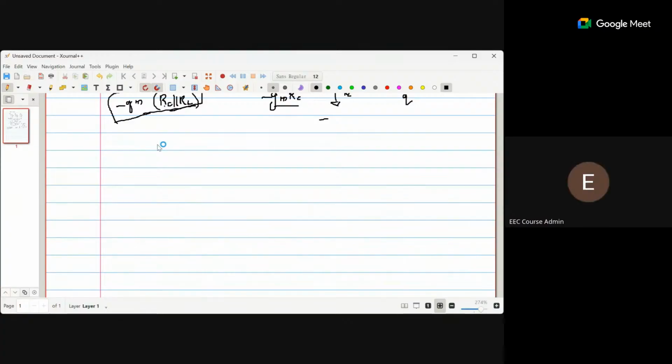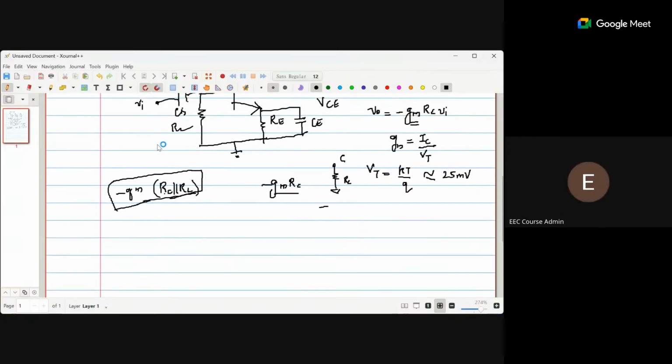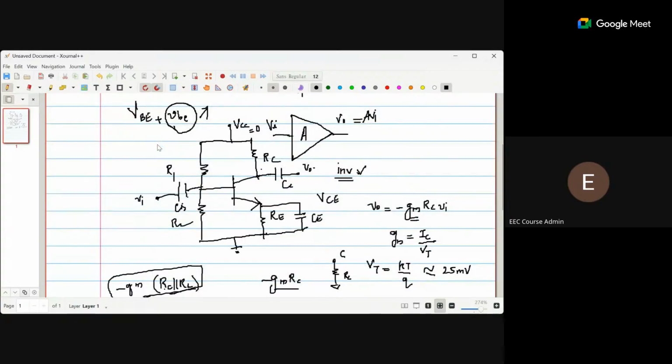Correct. So that AC voltage, where does it go? Does it go to the output VO, like where will that wire go? I don't understand exactly what your doubt is. Where will it go, meaning? Can you just try to say your doubt in some other words?